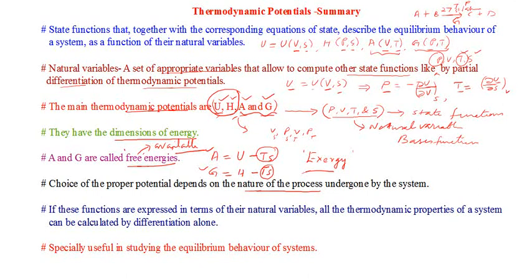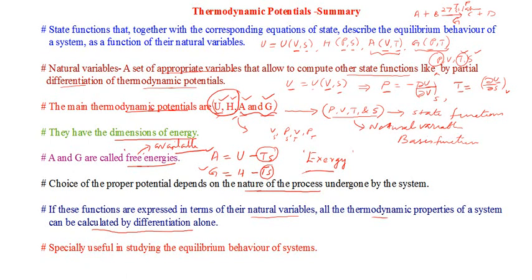Now if these functions are expressed in terms of their natural variables, all the thermodynamic properties of the system can be calculated by differentiation alone, and that is the mathematical advantage of defining potential functions.